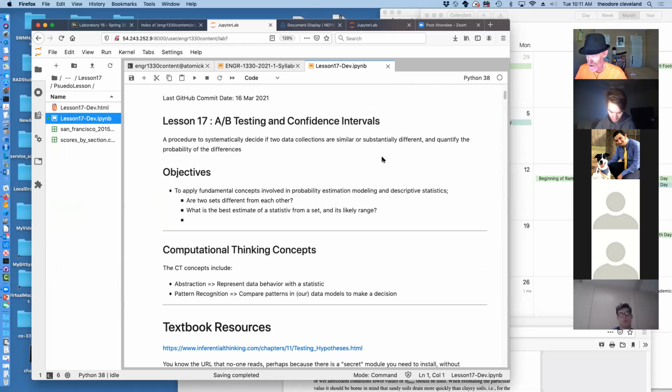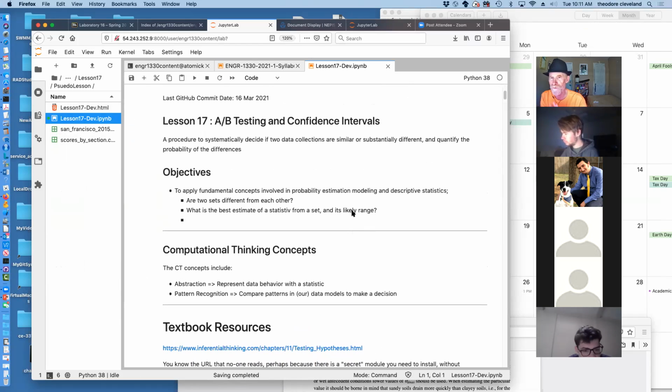So A/B testing and confidence intervals. So I'm going to drone on for about an hour, and this is a good time to put a cardboard object up in front of your camera so it looks like you're here. And we will have the best trained cardboard cutouts.